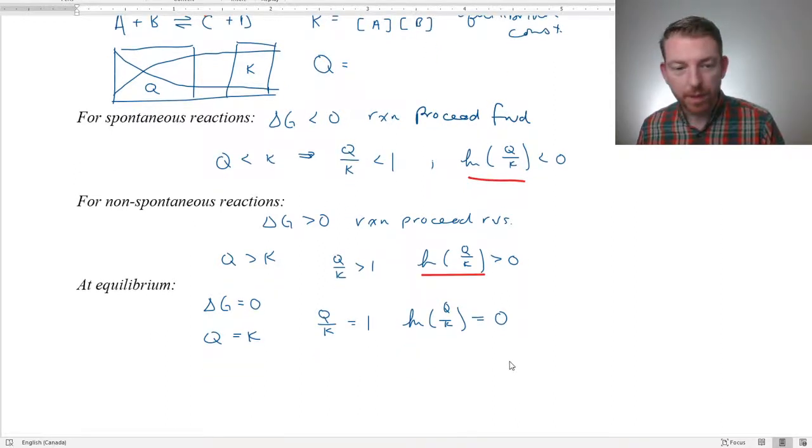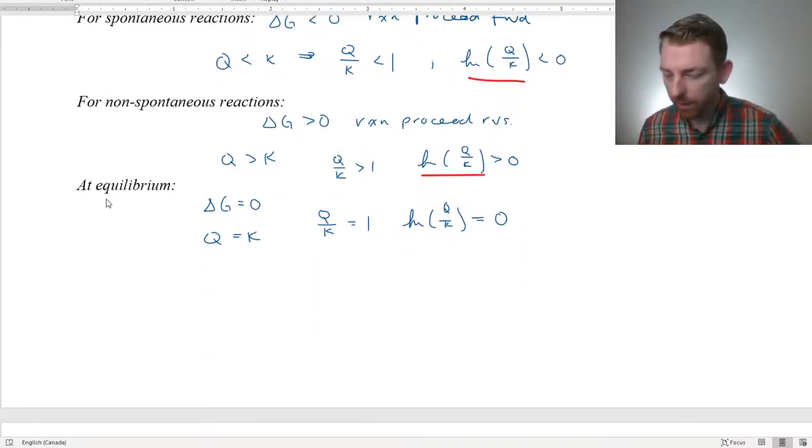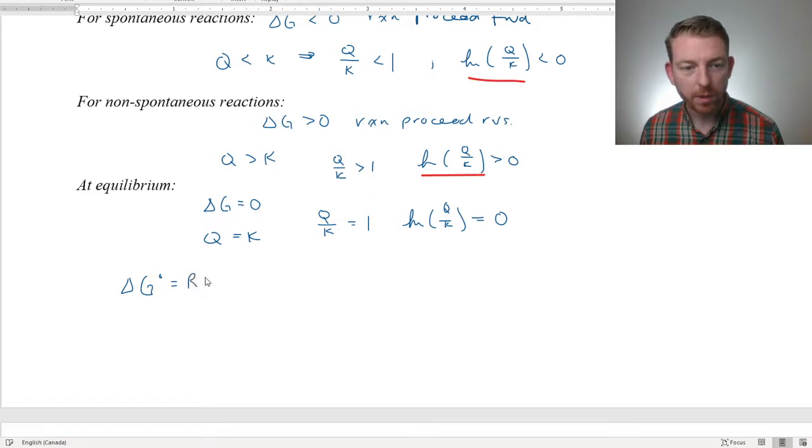So what can we do with that? Well, let's try to relate that quantity between delta G and now ln of Q over K. We know that they're related somehow. It's just a matter of what constants we're going to put in front of it in order for it to be equal to each other and not just proportional to each other. So let's say that delta G, and we'll give it the standard here, is equal to RT.